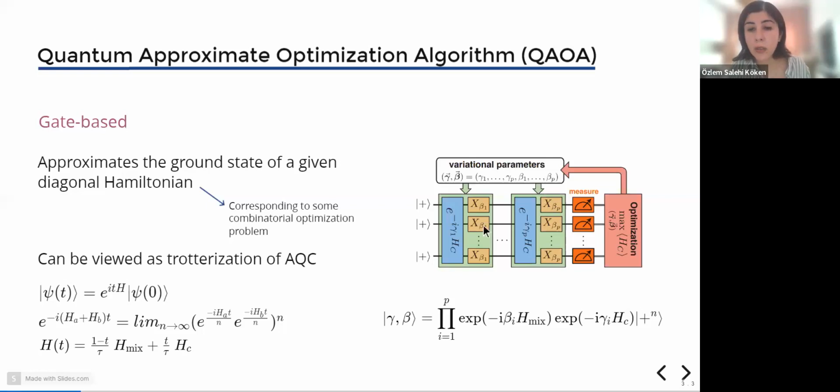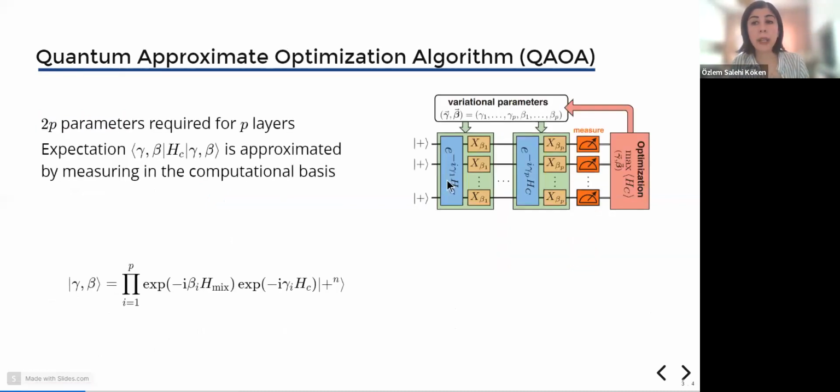And those gates are parameterized by gamma and beta. Those are called variational parameters. And those are optimized classically, resulting in a hybrid algorithm, where we have both quantum and classical components. There are two P parameters required for P layers.